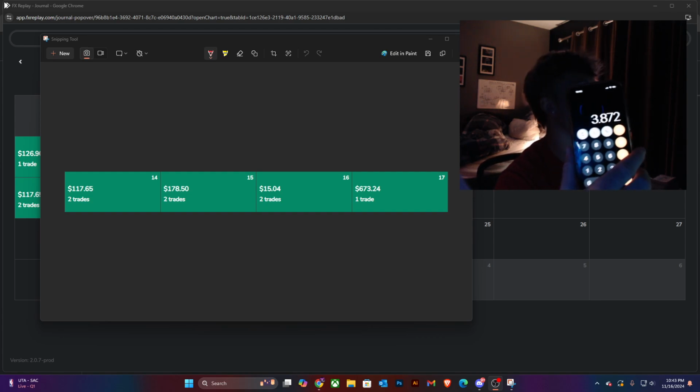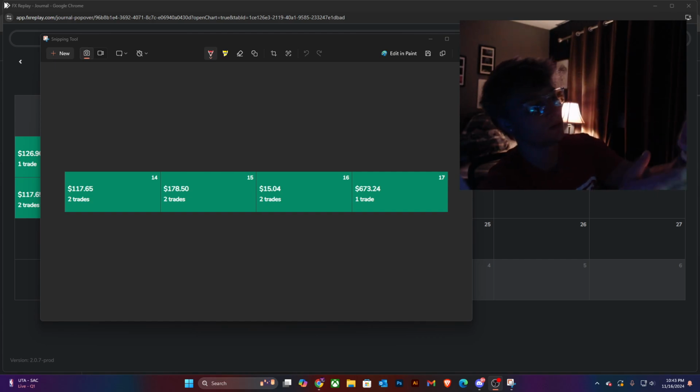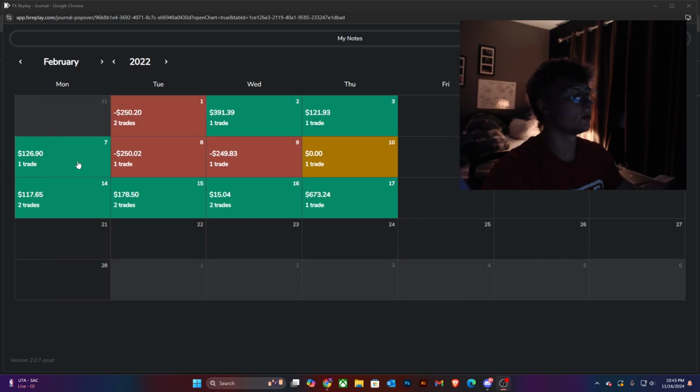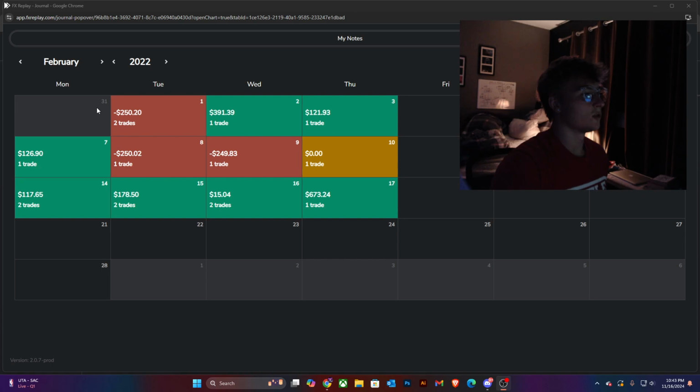Banger week. We paid for last week's losing week of 1.5R. So yeah, just paid for this losing week here. This was like a break-even week, so overall a tough month.